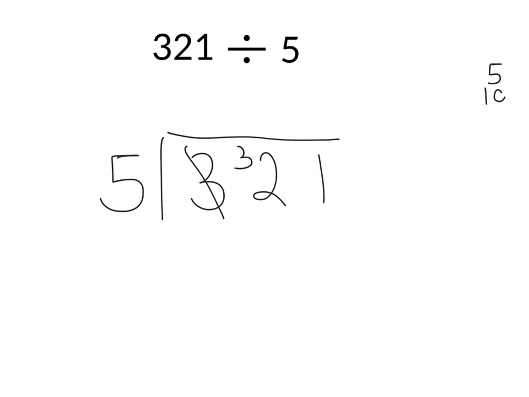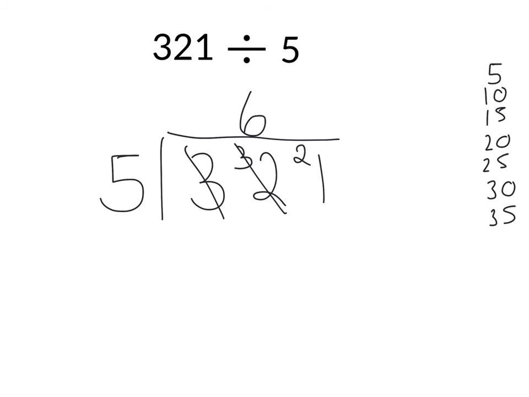Well, as a quick coping strategy, if you don't know your 5 times table, you can jot it out quickly. And you notice that 6 lots of 5 gets me to 30. 7 lots of 5 gets me to 35. So I can never go to 35. I can't go bigger than the number I need. I needed to get to 32, so the answer is 6. So 6 whole ones with 2 left over.